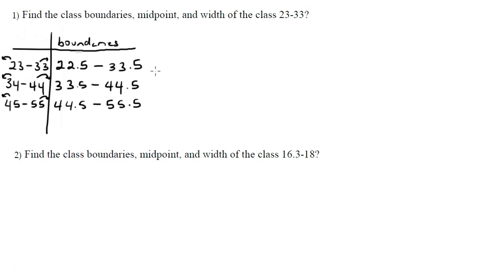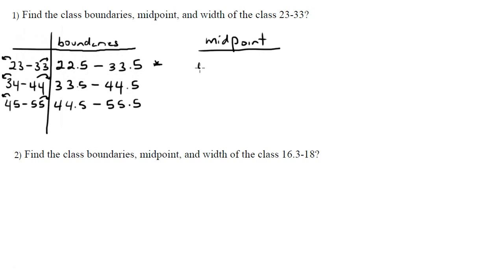So for this specific problem, we're talking about this row here, right? But I just wanted to show for the other rows. Those are my boundaries. So for the midpoint now, you can calculate the midpoint in two ways. You can either use the class limits, these here, or you can use the class boundaries. Either or will give you the same midpoint.